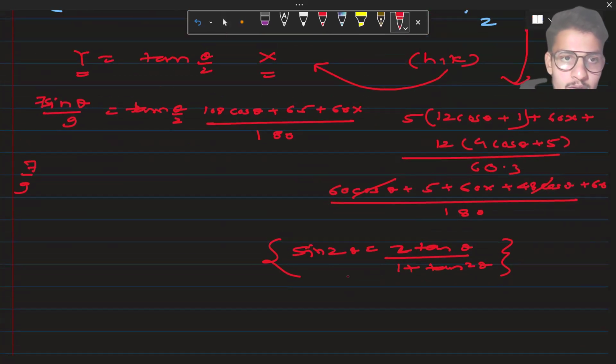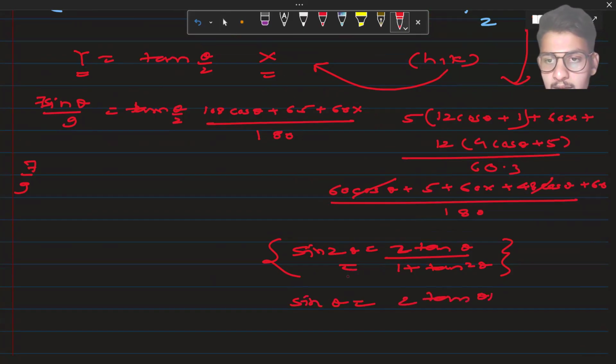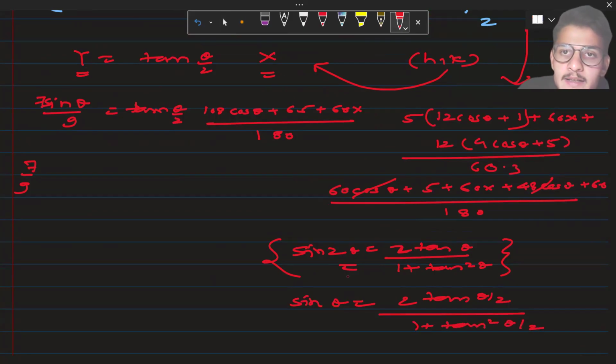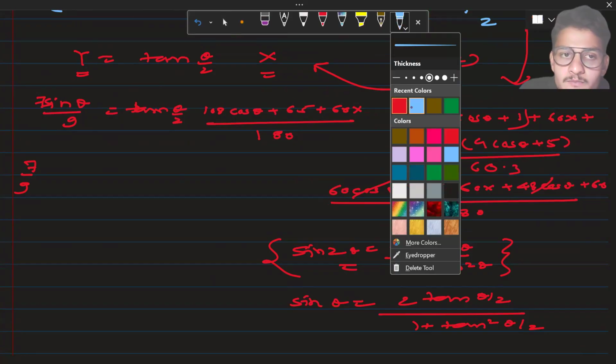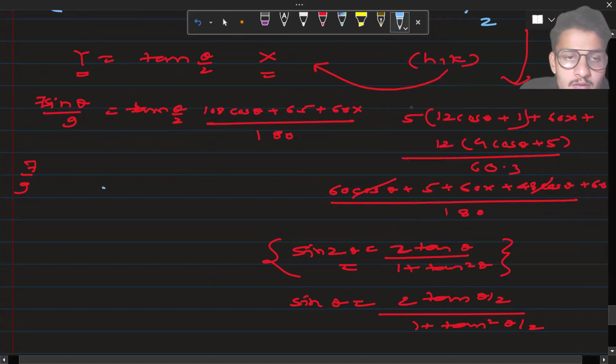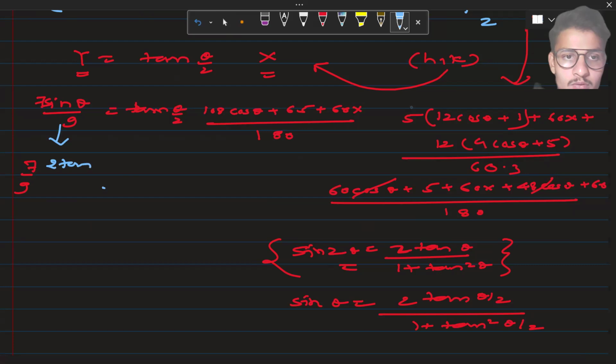So when you put the value here, in place of theta, put theta by 2, so there will come tan theta by 2 on the RHS. So you will put the value here, 2 tan theta by 2 and 1 plus.